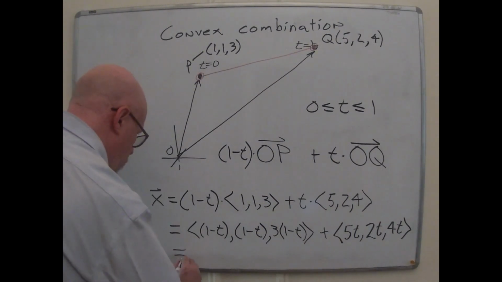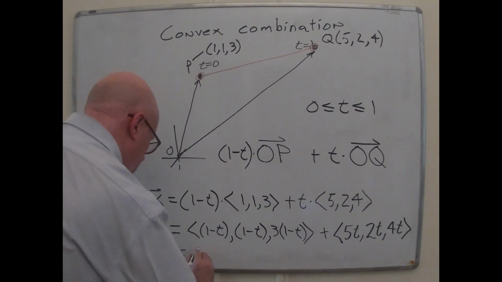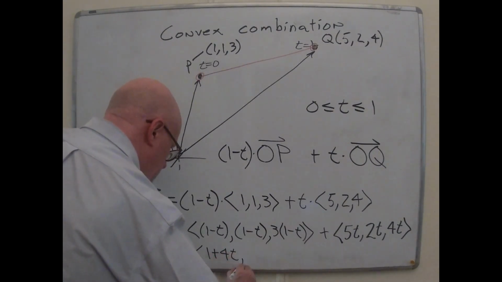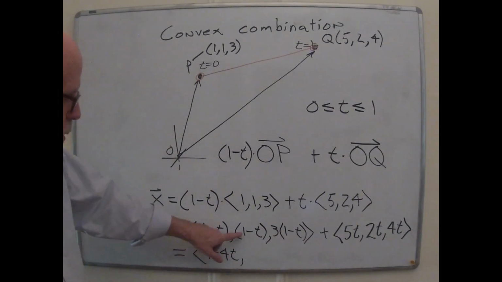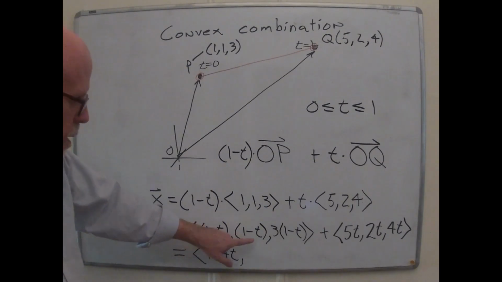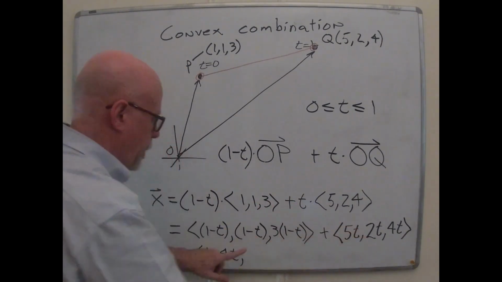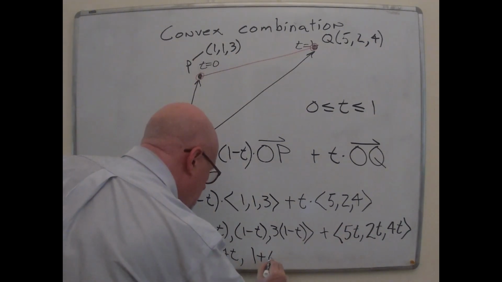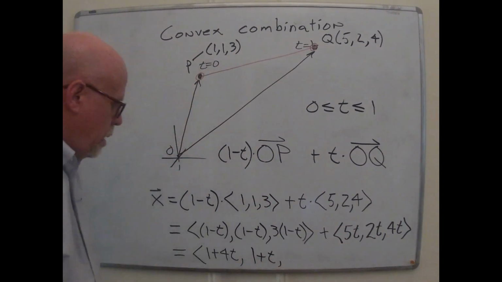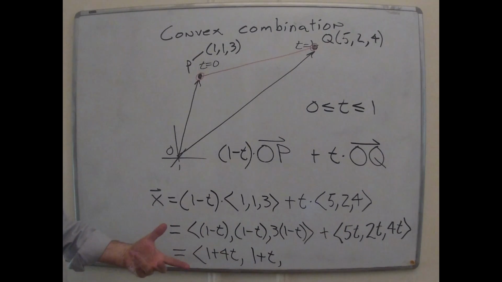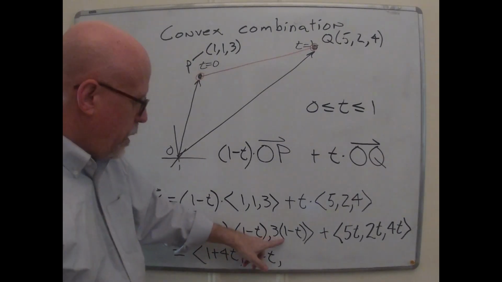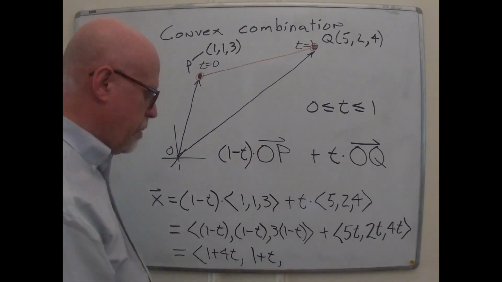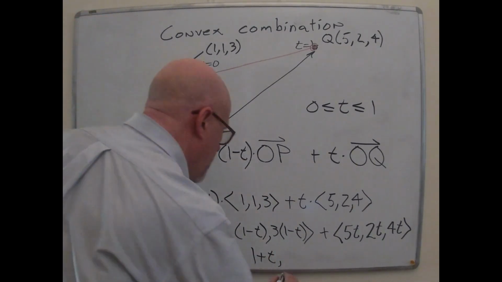That's 1 plus 4t. The y coordinate is 1, then minus t, then plus 2t, so it's 1 plus t. And then the z coordinate is 3 minus 3t plus 4t. That ends up being 3 plus t.